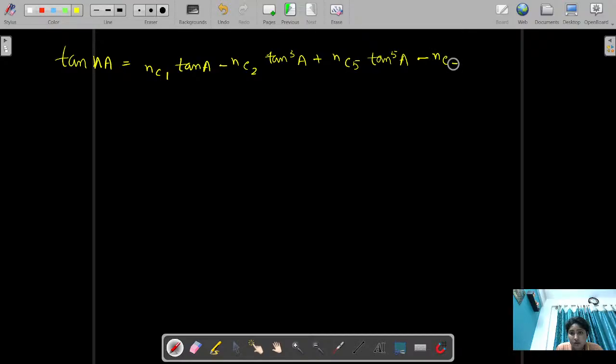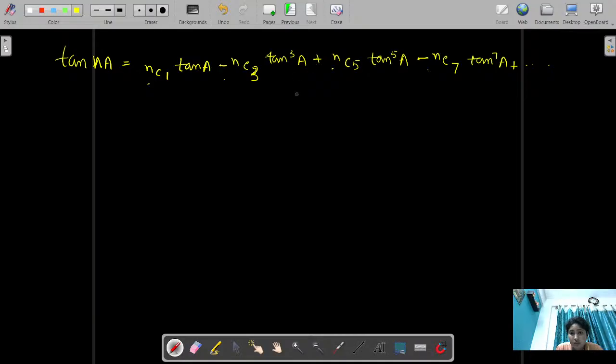nC7 tan to the power 7A, plus it will go like that. Okay, see, alternate terms are plus and minus. First term is plus, second is minus, again plus, again minus, like that. And the formula is about odd terms: 1, then 3, 5, 7.